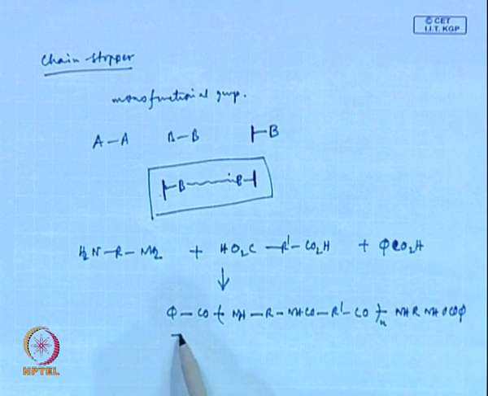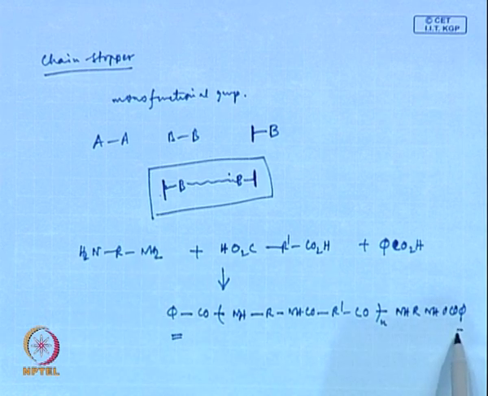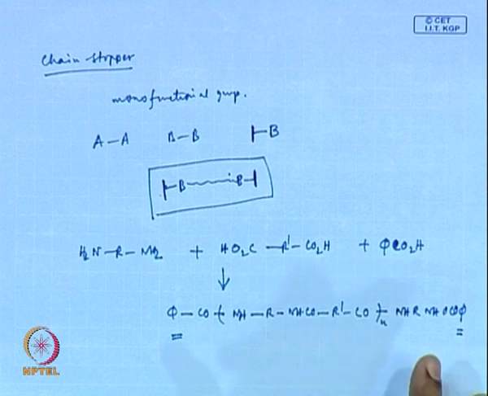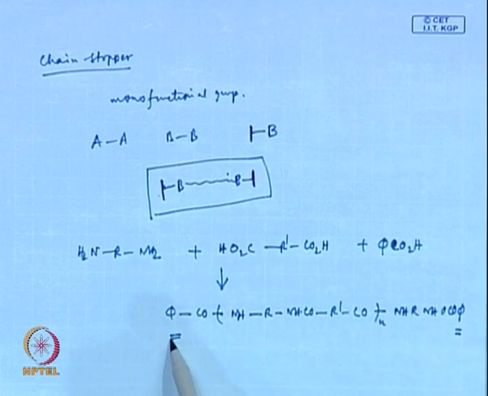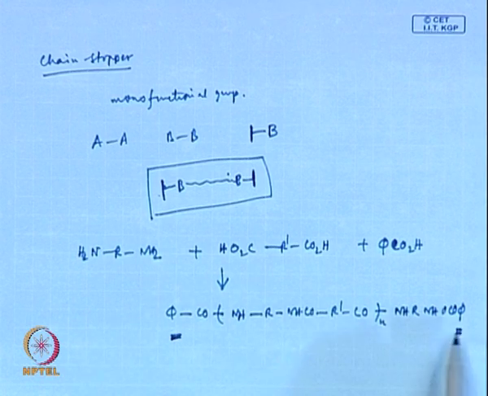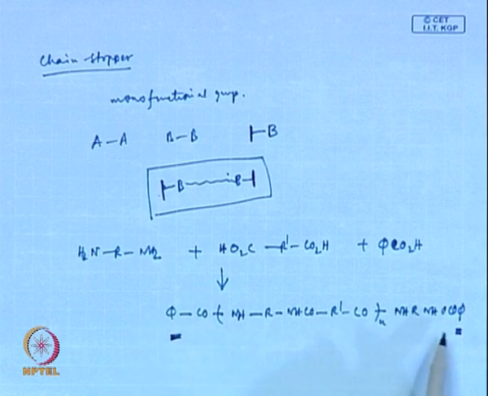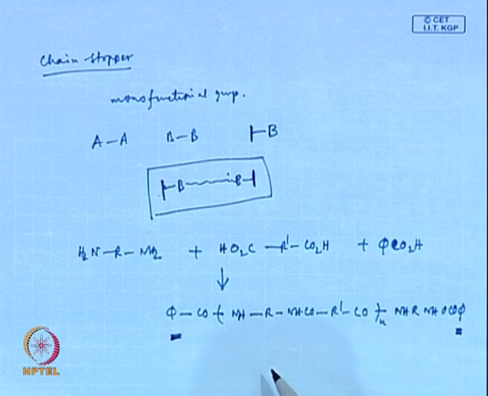Okay, so, this end does not have any reactive functional group. So, in this way, if all the chains are capped with a non-functional entity, not a reactive group, then these molecules will not take part in the reaction.